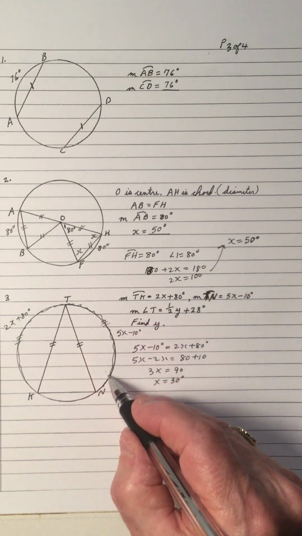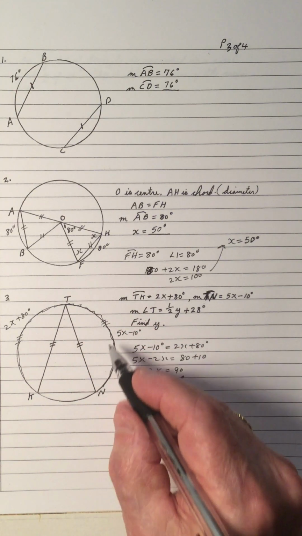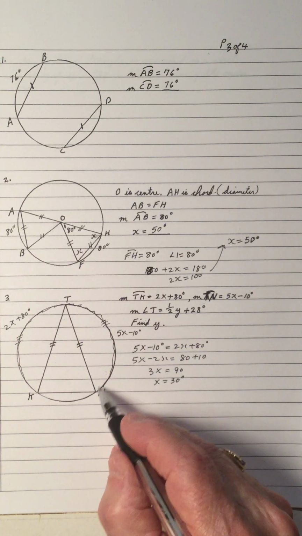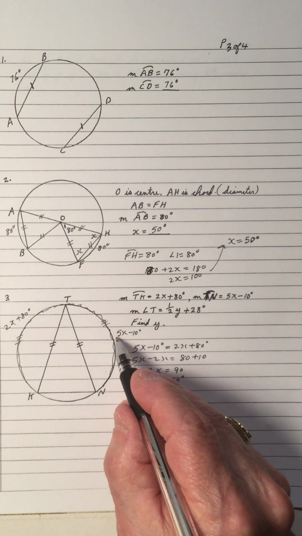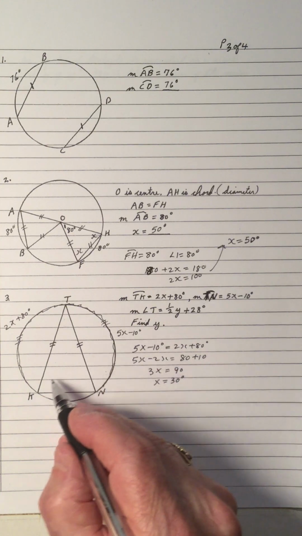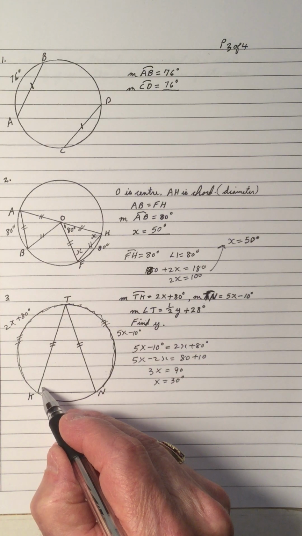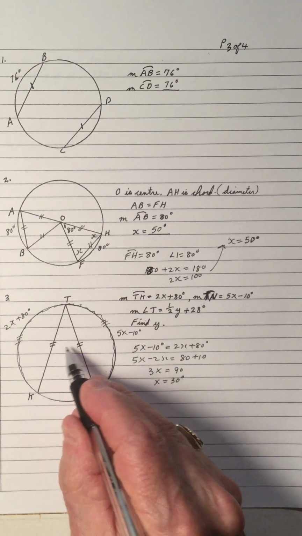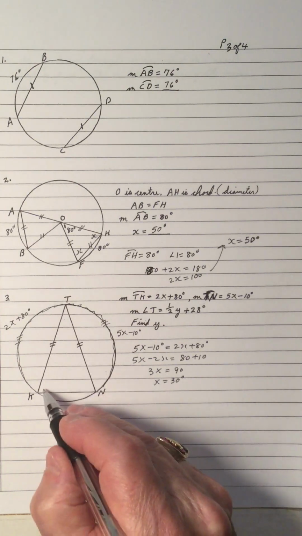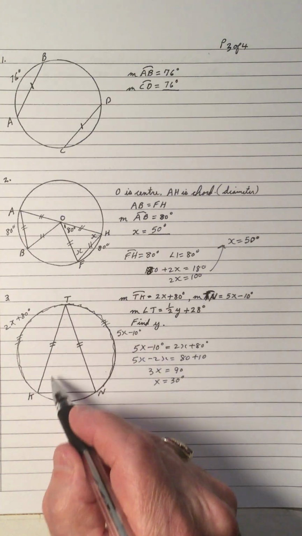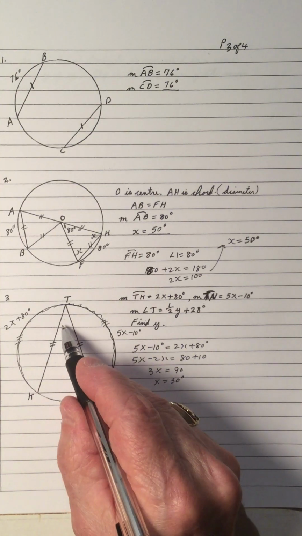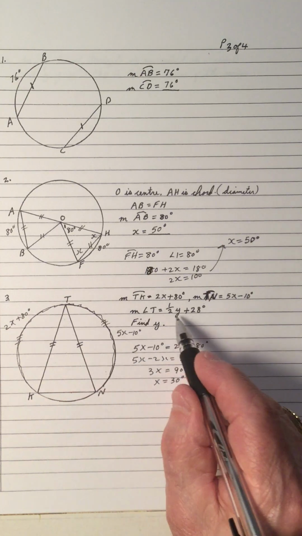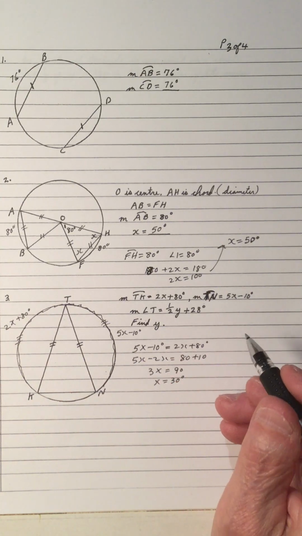I'm going to get the measure of this arc, and this is an inscribed angle cutting off this arc, so I take half of it and put it here. This angle right here would be the same size because two sides are equal, so these two angles are equal. Then when I subtract these two angles from 180, I'll get the size of angle T, and that will allow me to find y.